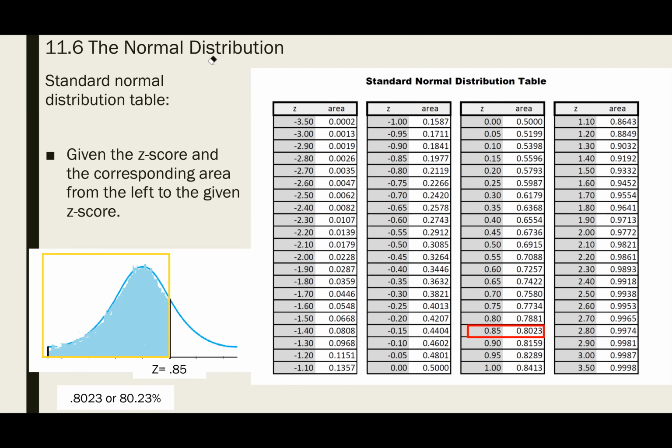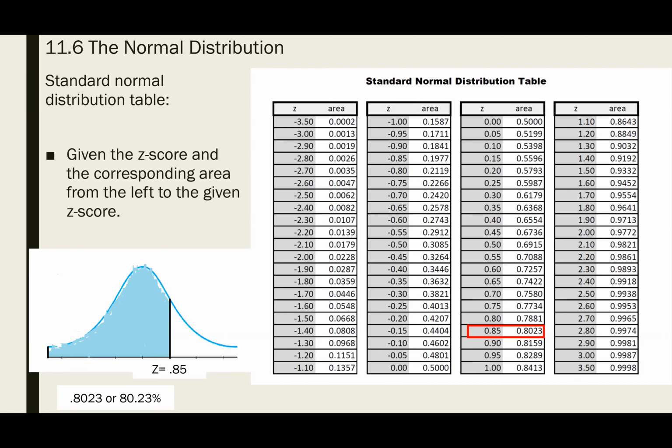So this table will be presented to you on the final exam or on your test. You will see this table, and all you do is ask yourself, what area am I looking for? They give you the z-scores, but they don't give you all of them.